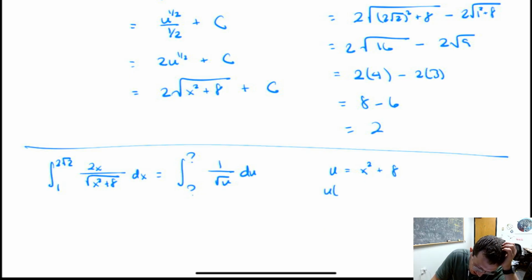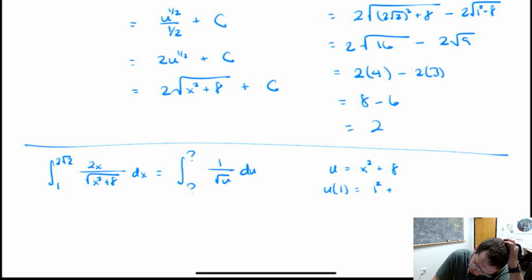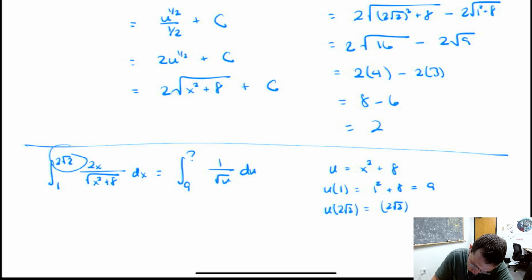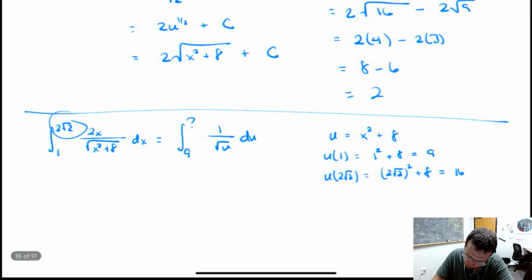So when x is 1, u is 1 squared plus 8, which is 9. And when x is equal to 2 root 2, u is equal to 2 root 2 squared plus 8, which is 16.